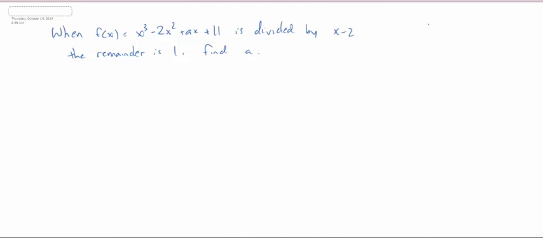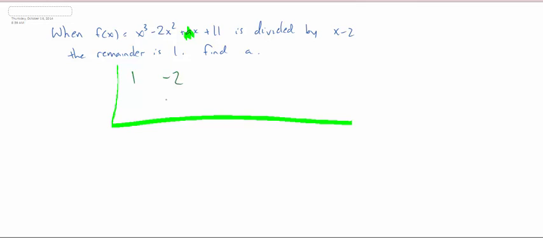Now, here's f of x, when it is divided by x minus 2, the remainder is 1. So x minus 2 isn't a factor, but it has a remainder of 1. I want to find a. Oh, boy. I'm going to use synthetic division to help. We're going to go 1. Coefficient of x squared is negative 2.